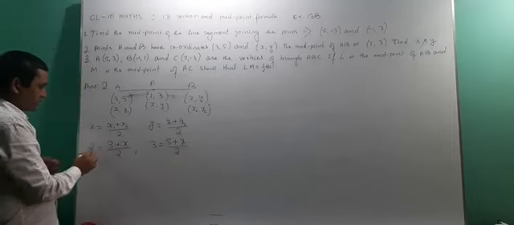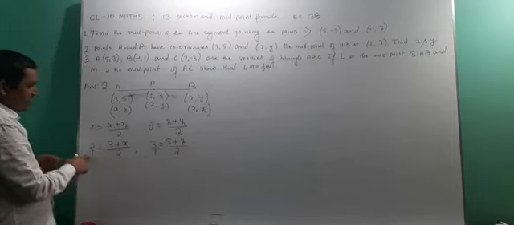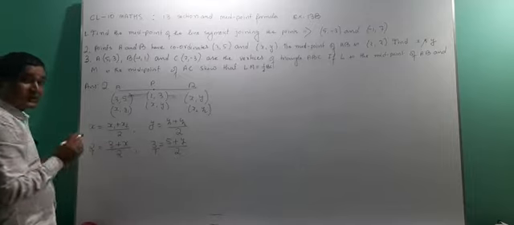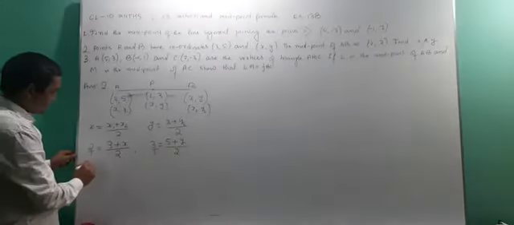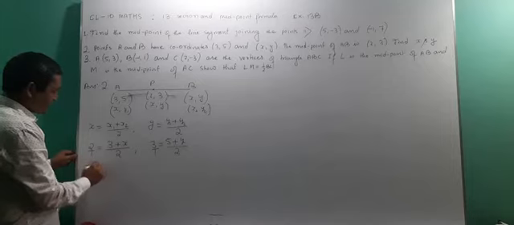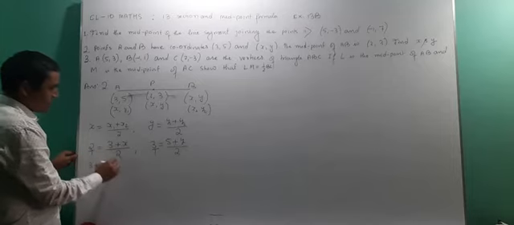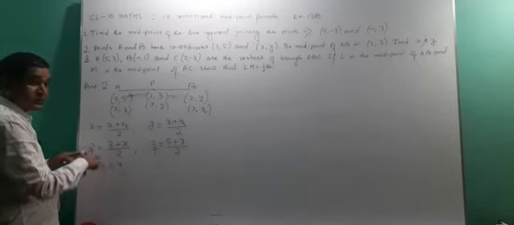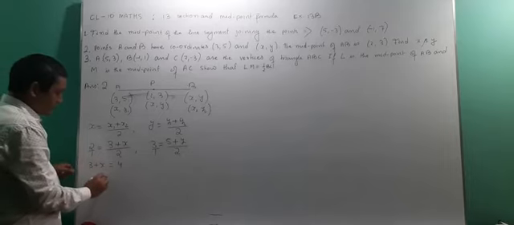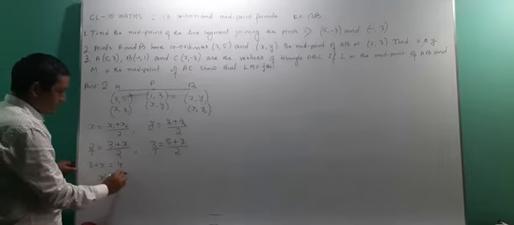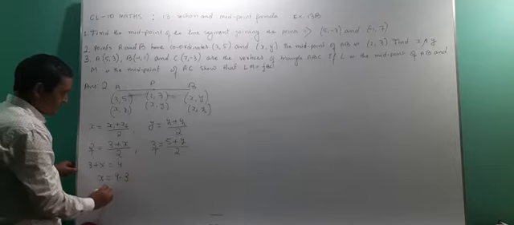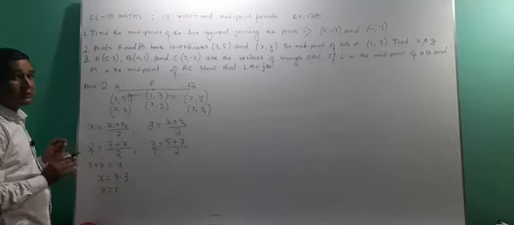Now let's do the cross multiplication. 1 multiply 3 plus x is 3 plus x, equals 2 times 2, which is 4. Now take this 3 to the right: x equals 4 minus 3, x equals 1. We got the value of x.